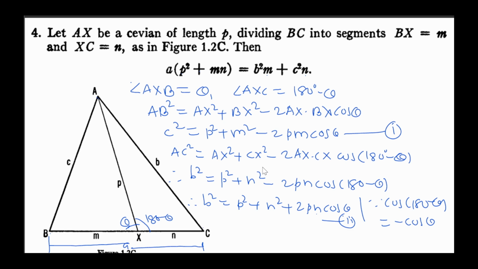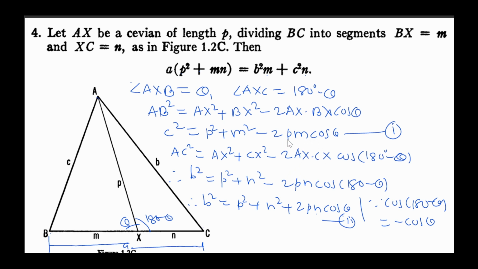If we observe equation number 1 and equation number 2, other than cos theta, everything is what we desire to have. Therefore, we must eliminate cos theta from equations 1 and 2. If we eliminate cos theta from these two equations, we will get the required result. So how to get that?